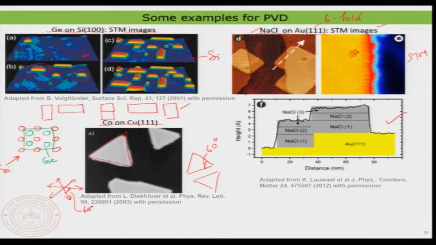That is very interesting. At the same time, you also keep in mind that cobalt normally forms an HCP type of packing. Therefore, the symmetry of cobalt itself is also 3-fold in nature, and that is the reason why you eventually see that the islands form in two different shapes, either a triangle facing like this, or a triangle looking like that.